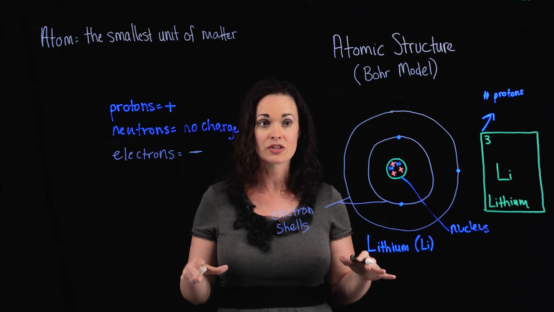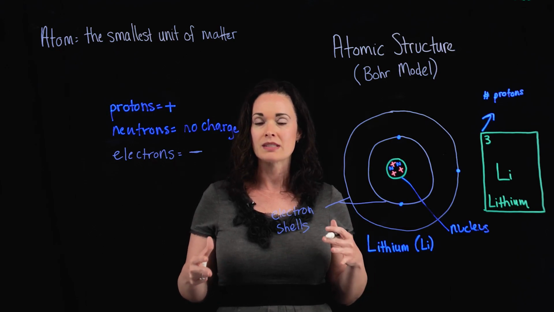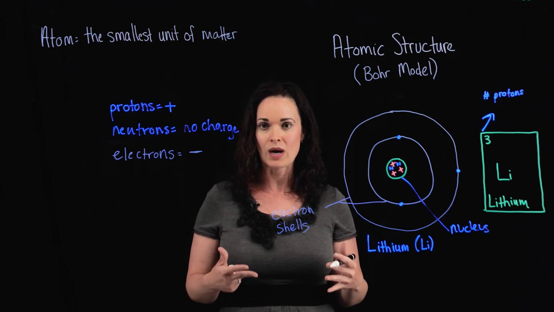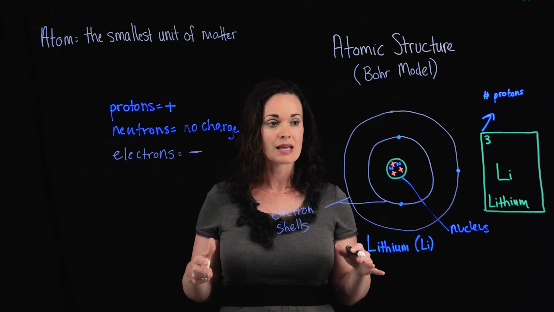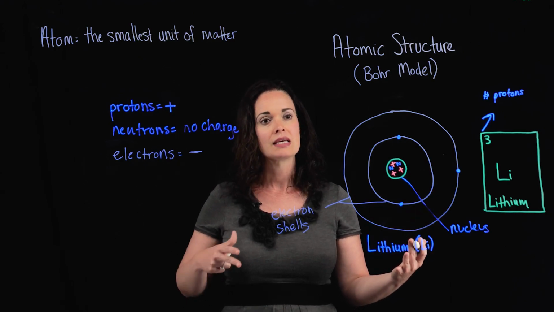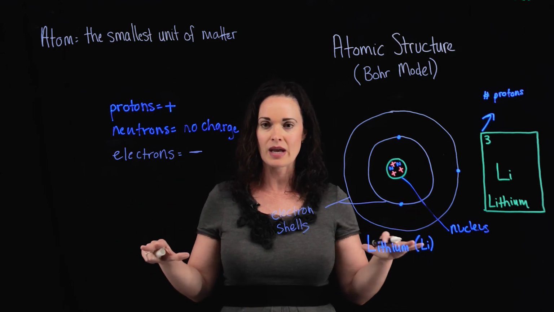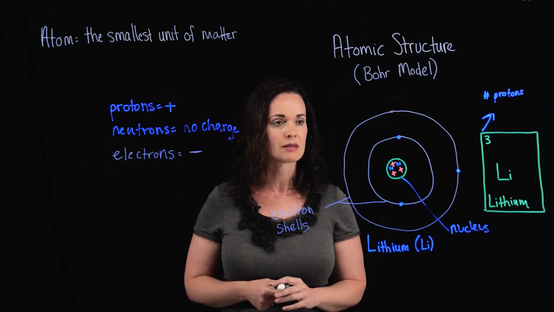It doesn't have a charge to it in normal circumstances. In an upcoming video, we're going to talk about an exception to that and why we get exceptions to that. But in normal circumstances, these atoms do not have a charge because the number of positive protons is going to cancel out, if you will, the number of negative electrons, and there's no charge on the atoms.